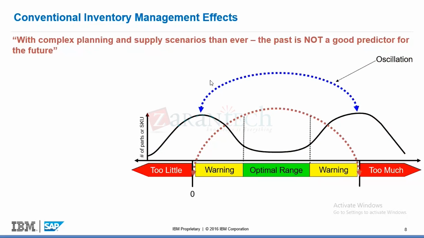One is an inverted bell-shaped curve. So we see there is an oscillation between these two limits and the optimal range. This is basically a statistical bimodal distribution of inventory, which makes the product oscillate between the ranges, and that means the supply chain is not stable.